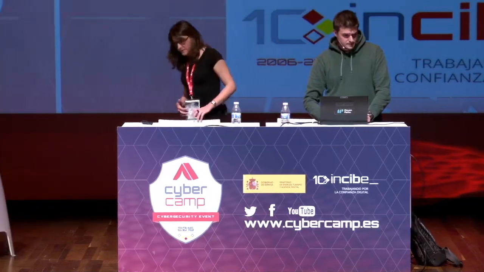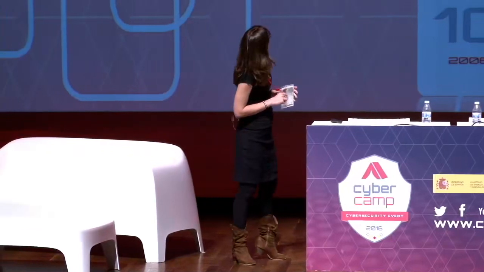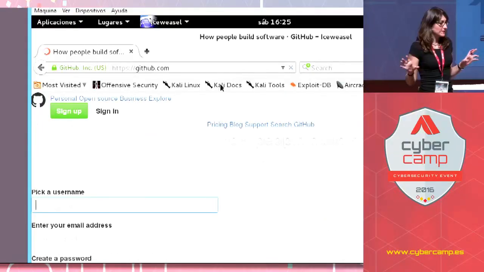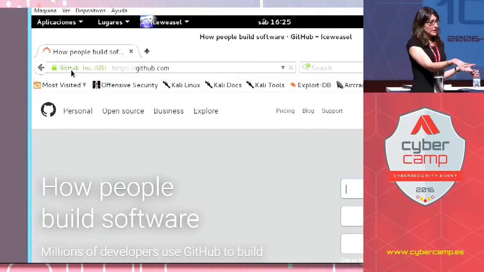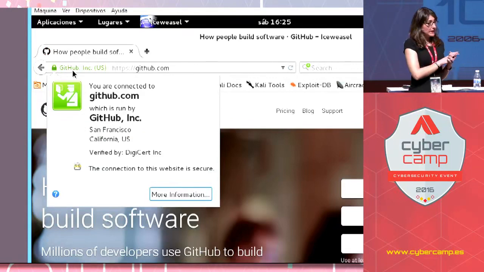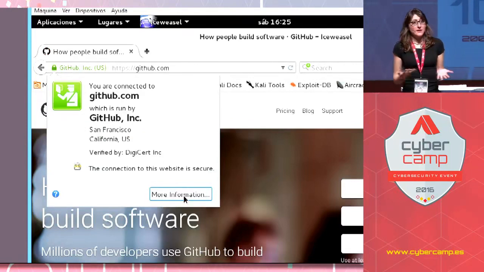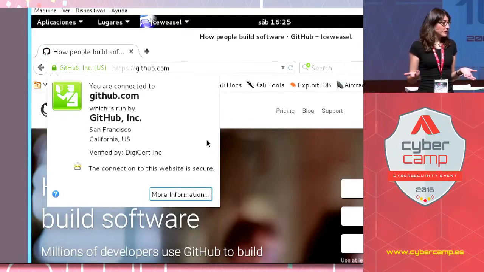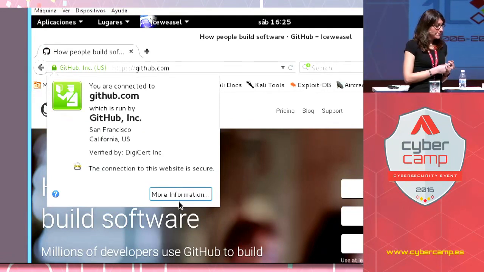Okay, we'll go to GitHub. So for this example, we go to GitHub, and the first thing that we will do is download the certificates.